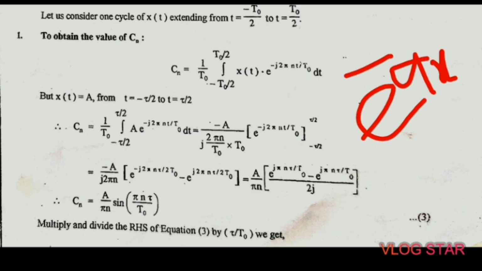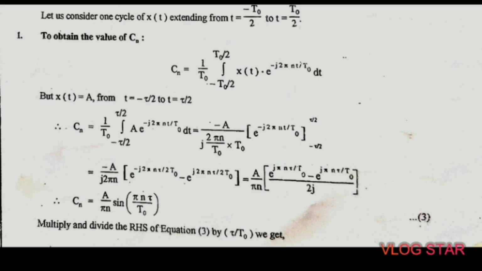So it will become minus of A upon j into 2 pi n divided by T0 into T0 into the e raised to minus ax term as it is, that is e raised to minus j 2 pi n t divided by T0, and higher limit is tau by 2 and lower limit is minus of tau by 2.